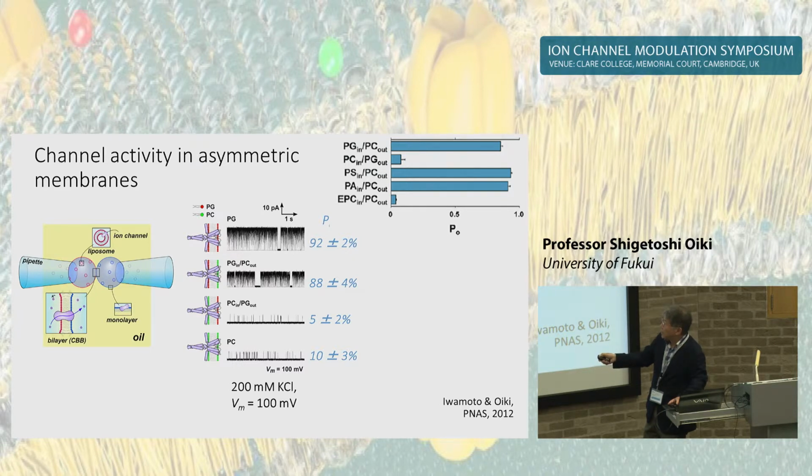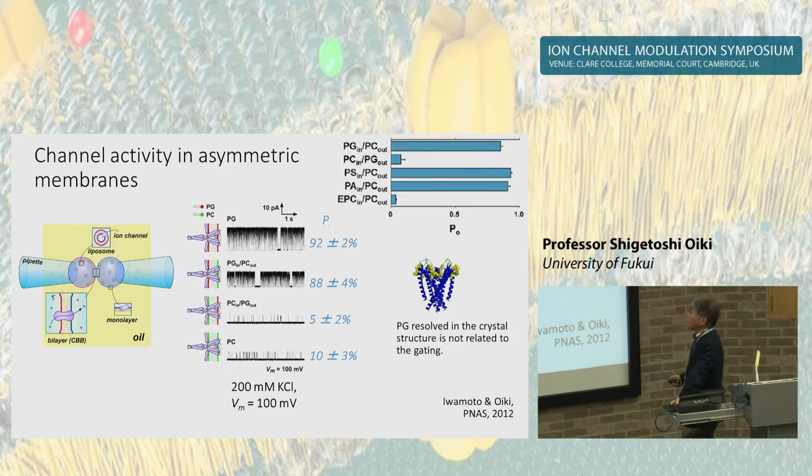But if the inner leaflet contains PC, the open probability is much less. So PG should exist in the inner leaflet of the membrane for the high open probability, relative to PC, which shows very small open probability.